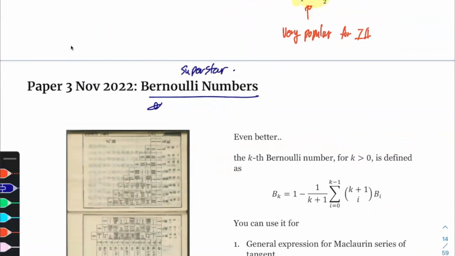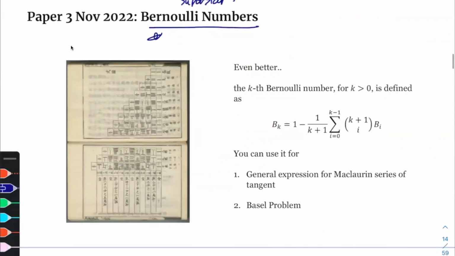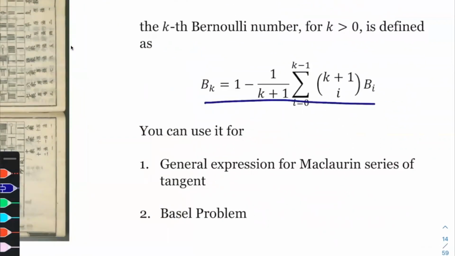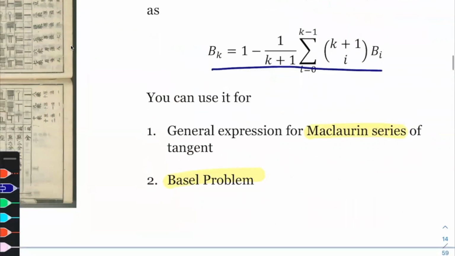Another very nice example to associate with the Bernoulli number for the IA, I would say, is something with the Maclaurin series, or something called the Basel problem. The Basel problem is the famous question of finding the sum of the following: 1/1 squared, 1/2 squared, 1/3 squared, going on and on, plus 1/n squared, going on and on.